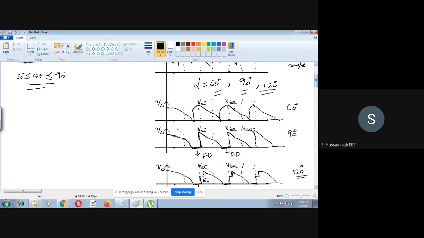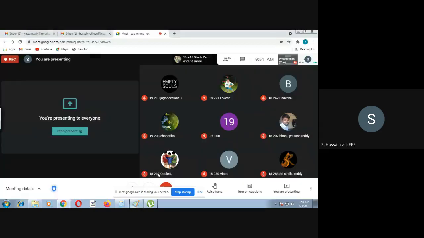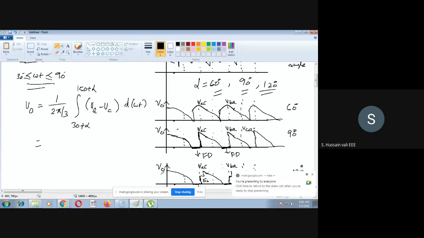Once you have these waveforms, what about the output voltage? V naught will be the same: 1 by 2 pi by 3 integral from 30 plus alpha to 150 plus alpha of VA minus VC, V of omega t. So you do this.